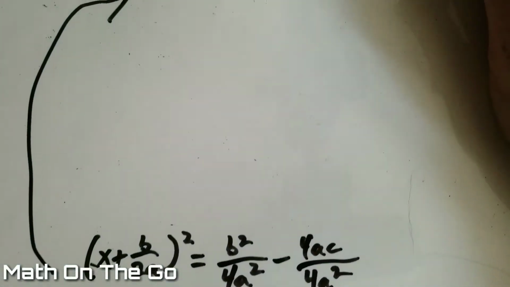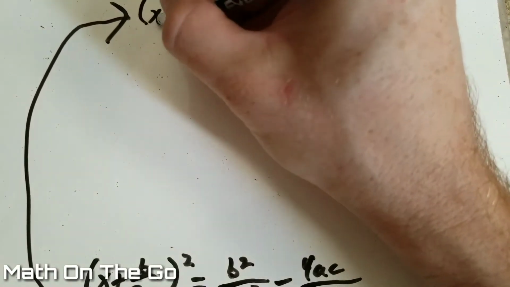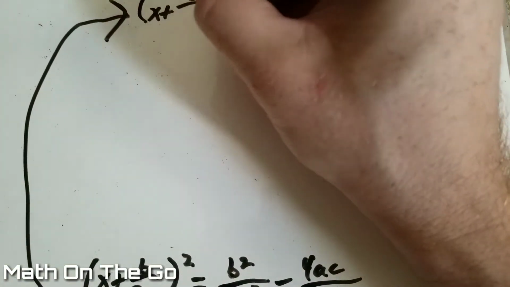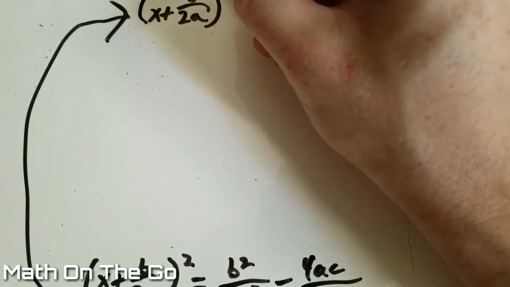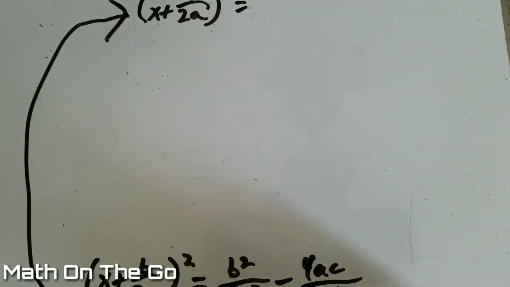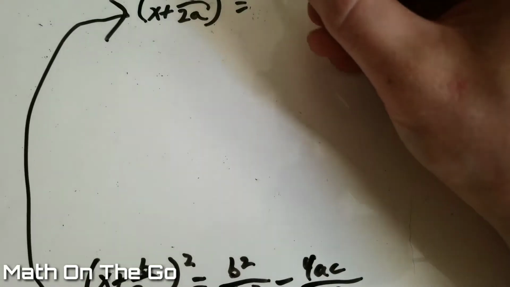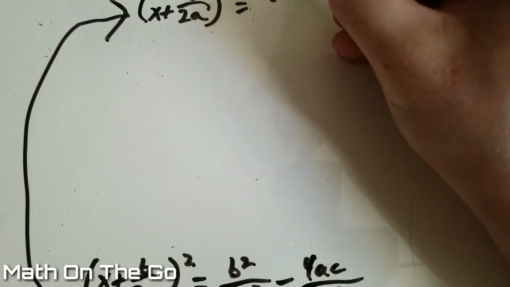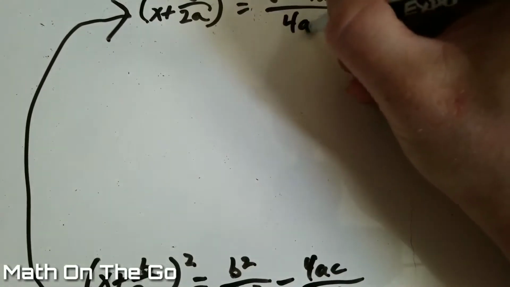Okay, now we're going to take all this and we're going to put it up here. So I'm just going to rewrite it. We got x plus b over 2a squared equals, I'm just going to write all this over the common denominator. So we got b squared minus 4ac all over 4a squared.